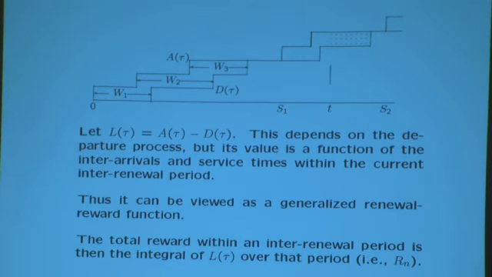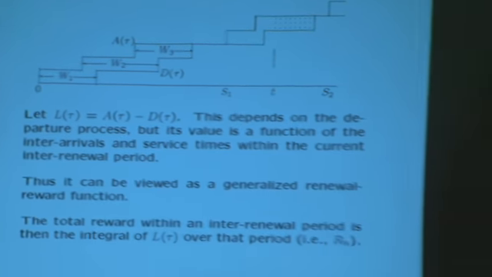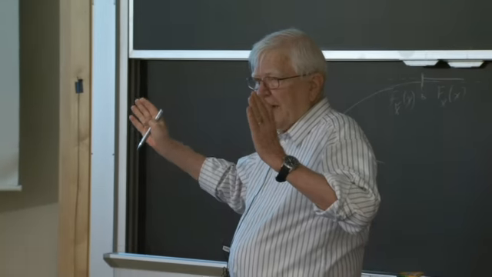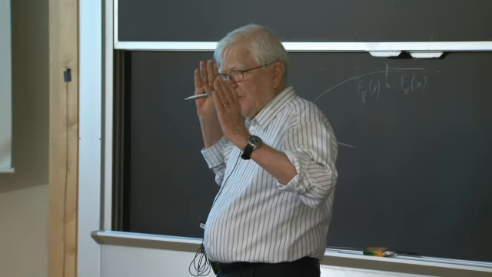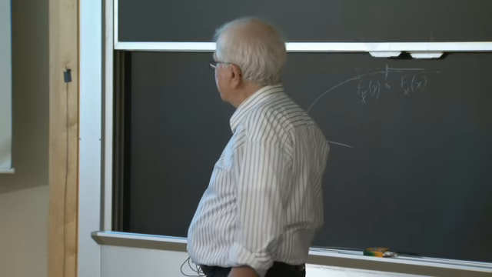Okay, this is the way we found every time we looked at renewal reward theory: we looked at the reward within one inter-renewal period, and then we tried to look at what happened when we started to look at many inter-renewal periods.